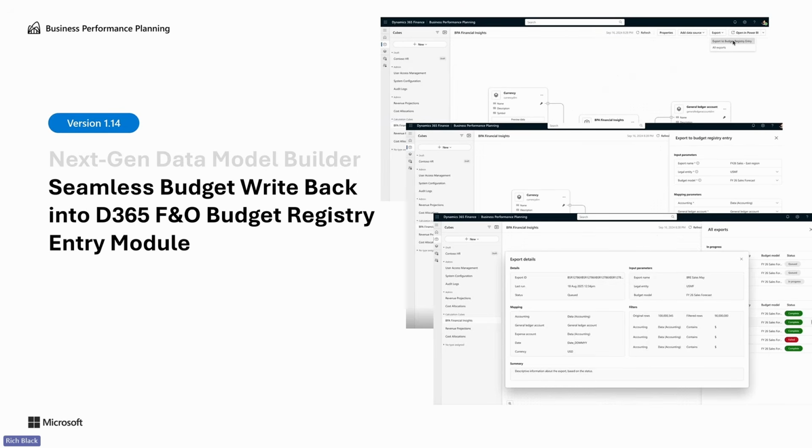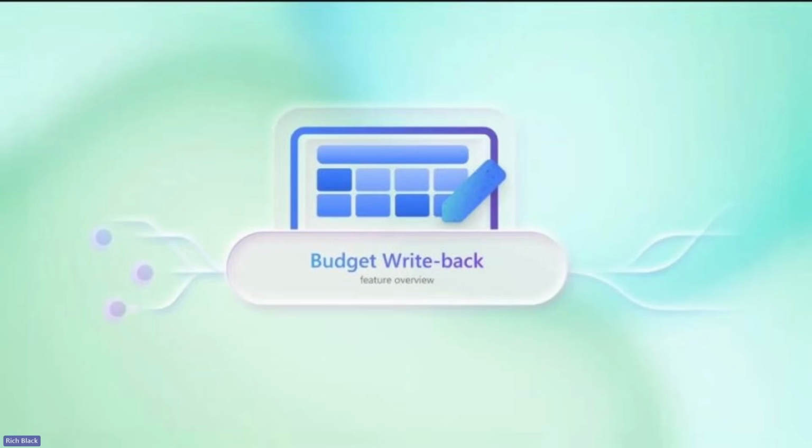And then you will be able to filter the rows and the data you want to send back to BRE directly from the BPP application without having to do an extract and configure the Excel add-in as it used to be. So let's go into that directly with the next video.